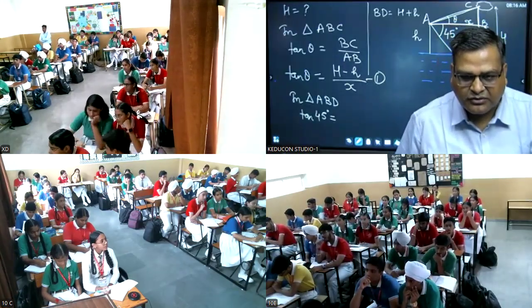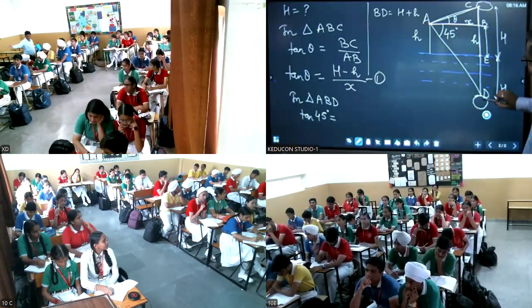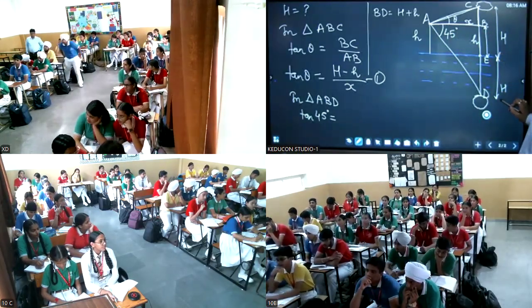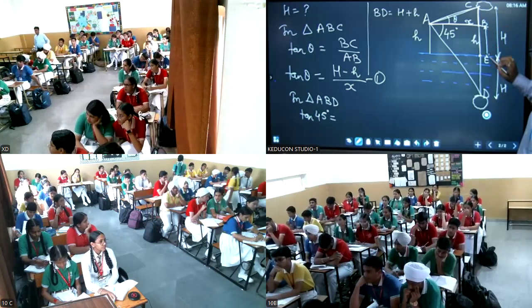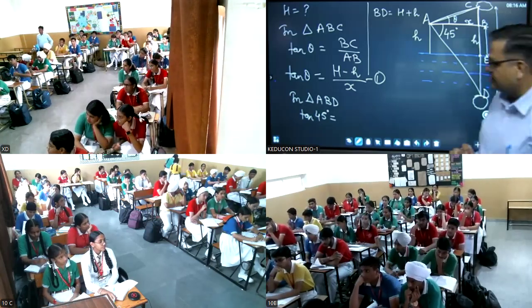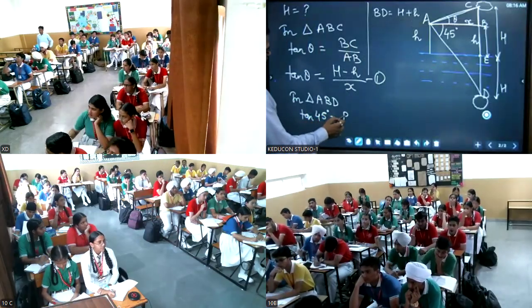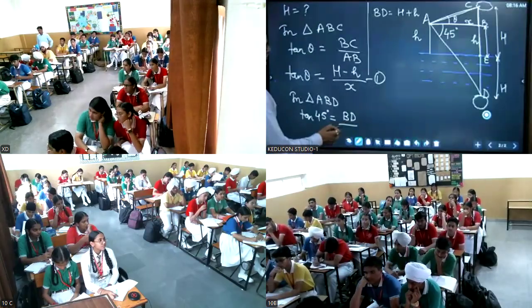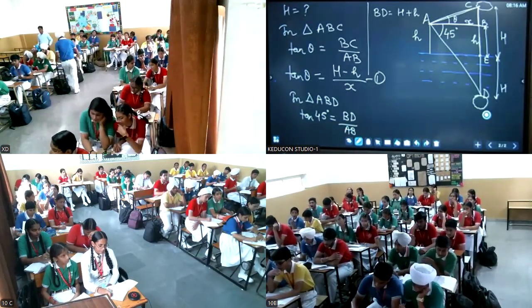Yes or no? Yes, sir. So therefore, this DE distance will be capital H and this will be small h. So BD will be equal to small h plus capital H. So what means tan 45? BD over AB. Is this clear, bachcho? Any doubt?